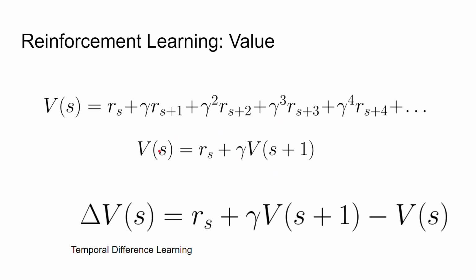Everything's good. But if the reward plus the discounted version of my next state is bigger than what I thought the value of my earlier state was, well, that tells me that I should change what I think the value of that earlier state is. Right? So this is an error function. This is a thing that tells me, hey, adjust the value of my state.